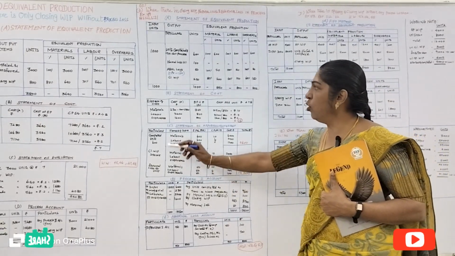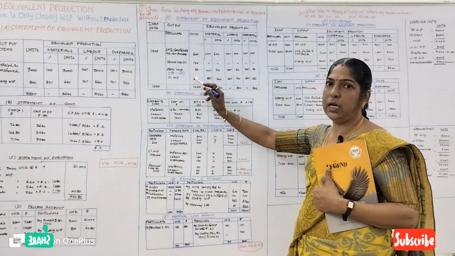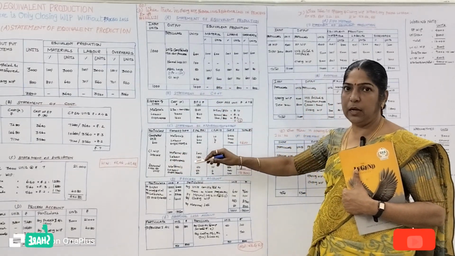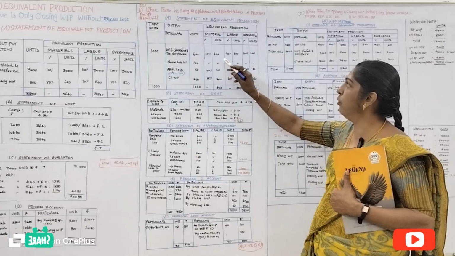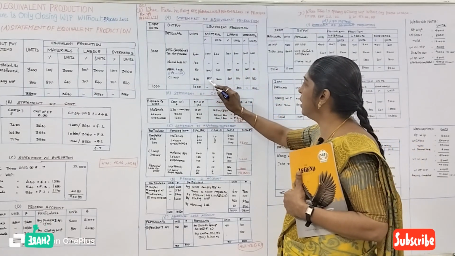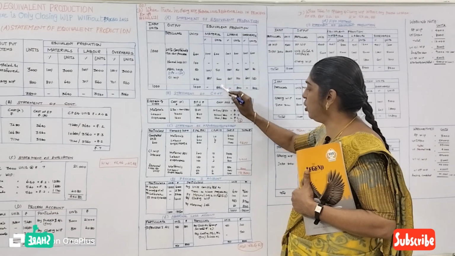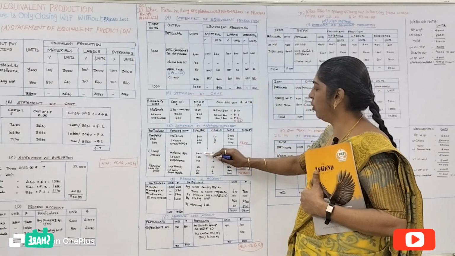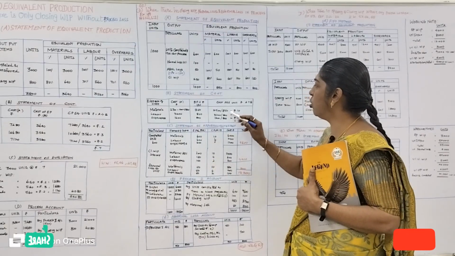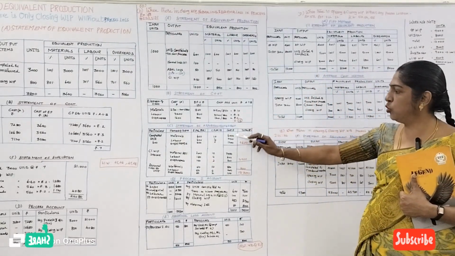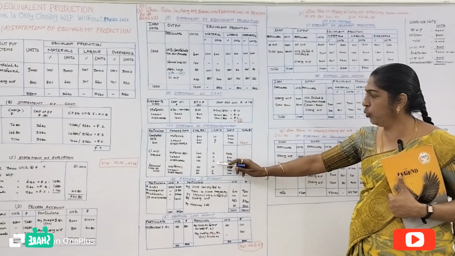Let's take closing work in progress. How many units? 250 units. Let's find the material, labor and overheads taken from the equivalent production. The closing work in progress is 80% complete. For material 200, enter here. For labor 150, overheads 150. The cost per unit for each element is 10 rupees, 4 rupees, 2 rupees.